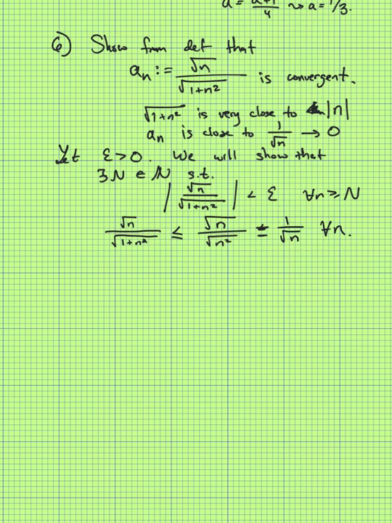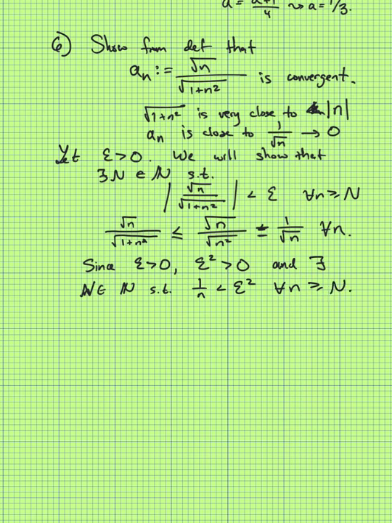Now, what we can say is, well, so what we really need to find is, so since epsilon is greater than 0, epsilon squared is greater than 0, and there exists some N in the naturals so that 1 over n is less than epsilon squared for all n greater than or equal to N. Okay?